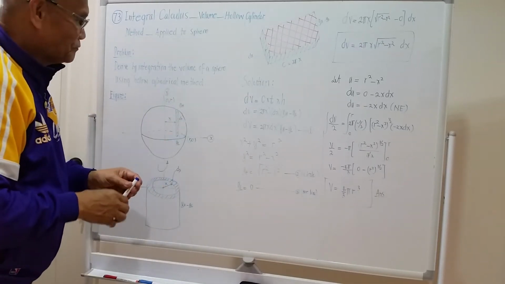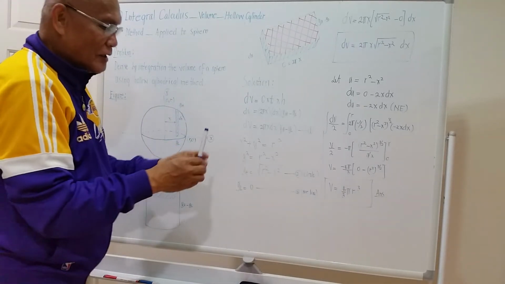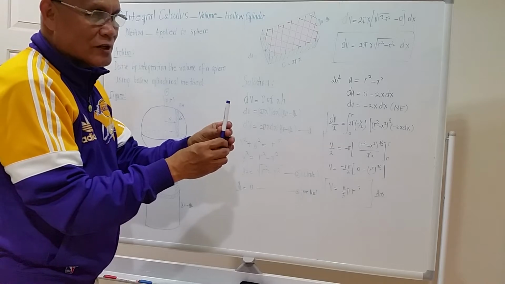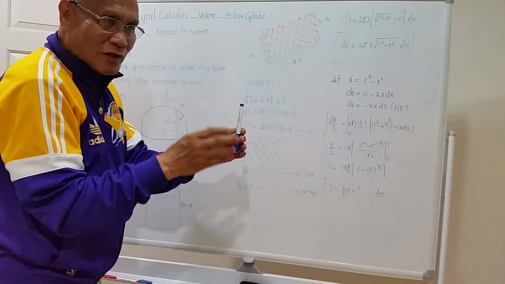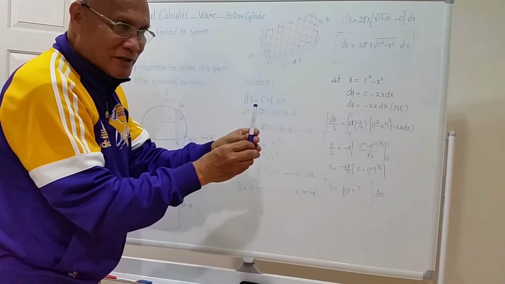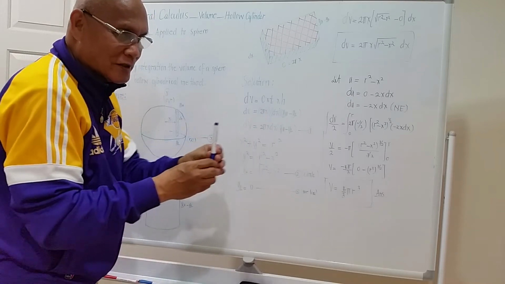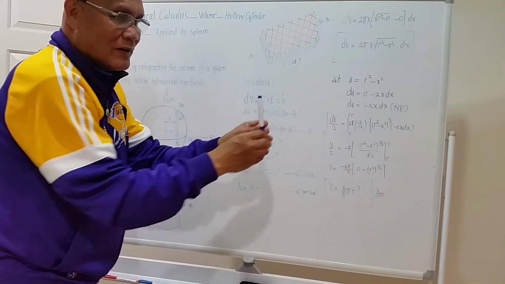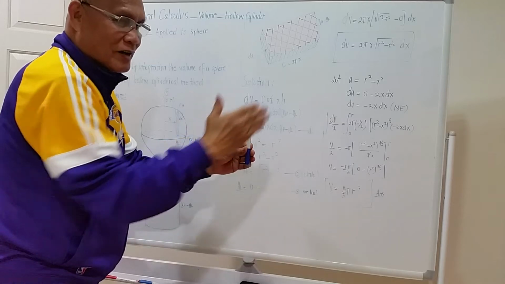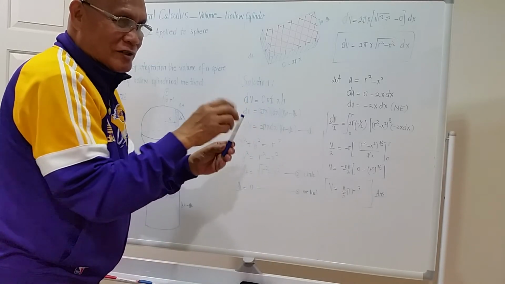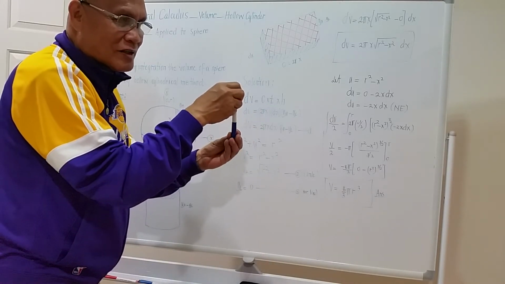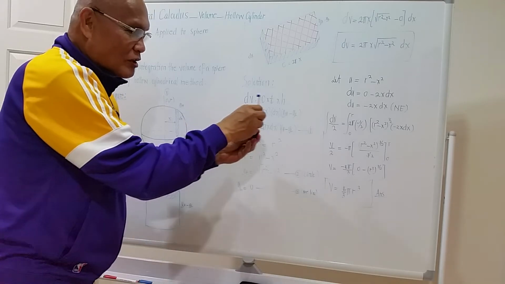Hollow cylindrical is something like this. If we rotate the hollow cylinder with respect to the y-axis, it should move like this. It's a hollow cylinder. Before, it was a circular disc. That circular disc does not move like that.